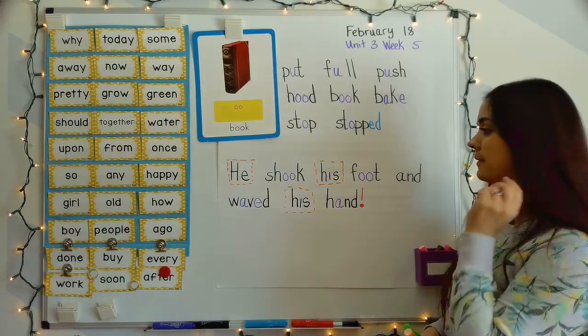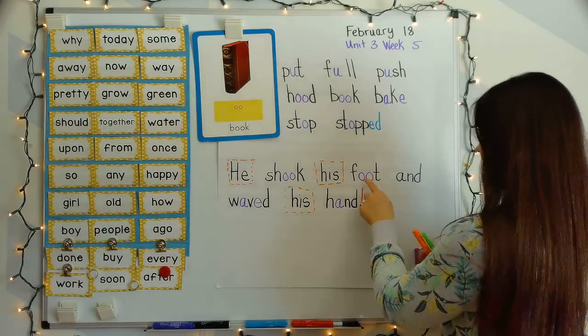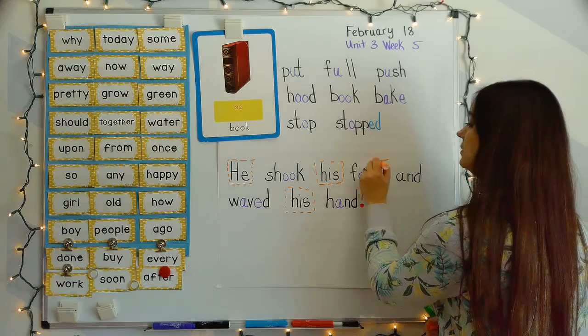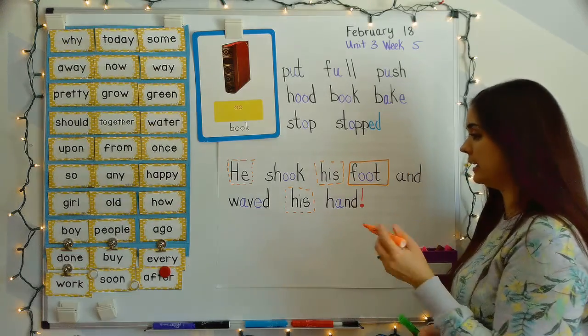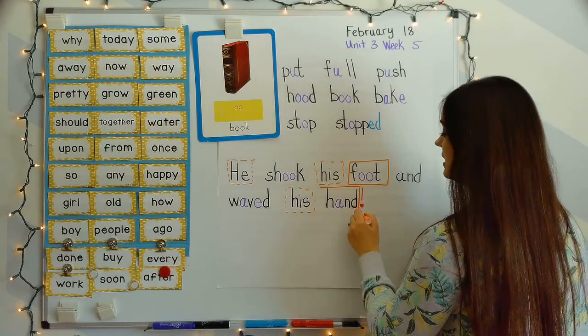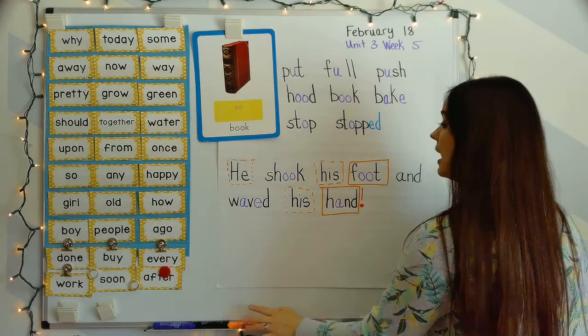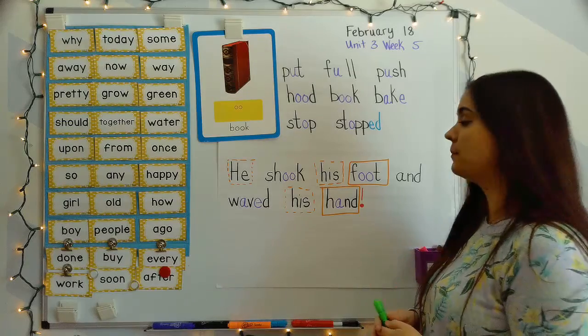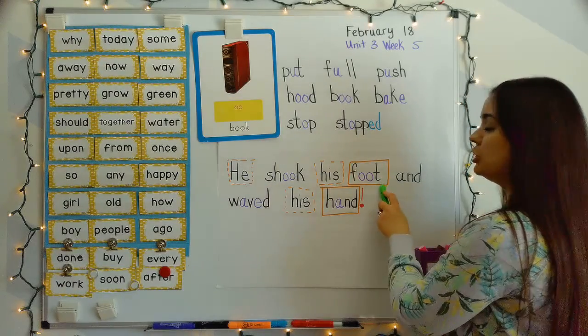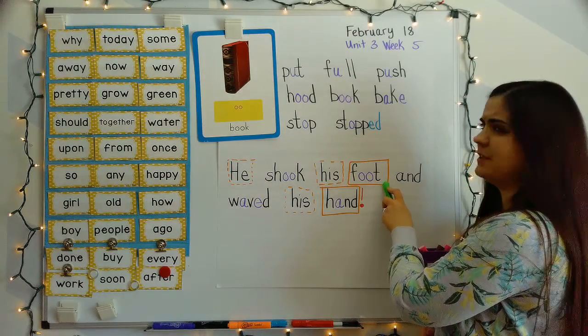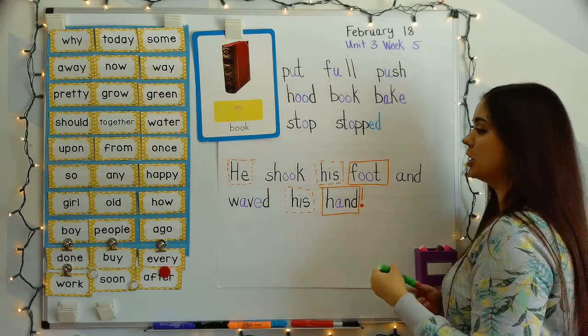All right, and we do have two other nouns. Foot is a noun. It's a thing. It's part of your body. Hand is a noun. It's also a thing. It's part of your body. And verbs. So what did he do with his foot? What did his foot do? It shook.